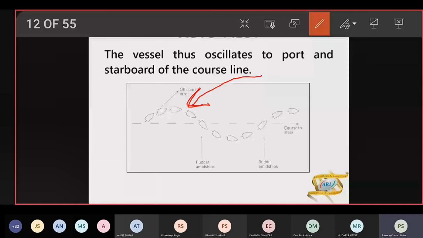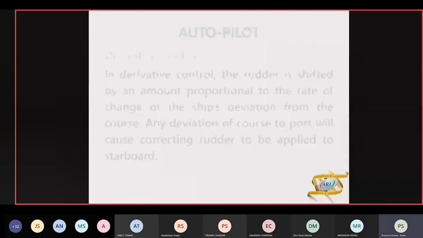Since the rudder is midship, the rate of turn will be slowing down, and when she is coming to the set course, most likely at this place, she will be stabilizing. Or, if I am reading the rate of swing, then I can apply counter rudder also, which is what is done by the next, the derivative control.